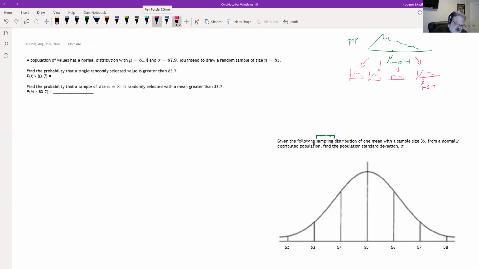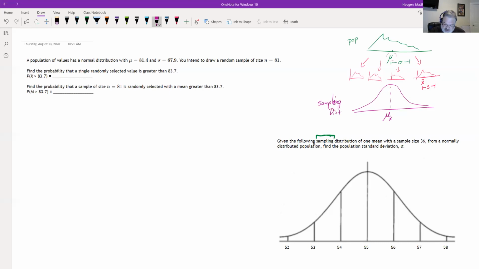But then as long as our sample size was large enough, our sampling distribution, essentially our distribution of samples, would be normally distributed. And it would have a mean for the sampling distribution of means. So a mean of the means, and that mean of the means is equal to the mean of the population, right?